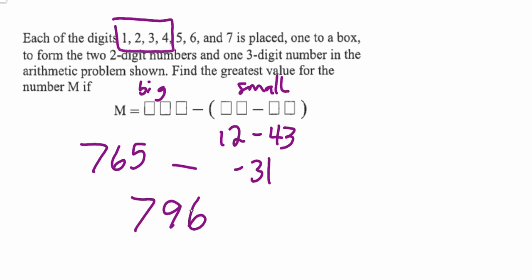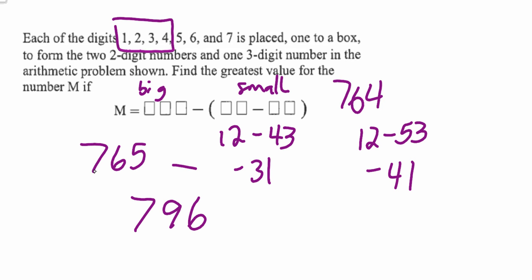Unfortunately, a couple of you were able to realize, hey, wait a minute, if I do 12 minus 53, I'm going to get negative 41. And all I really need to do here, instead of doing 765, I could just do 764, which is only one different, right? 765 versus 764. We're only off by 1, but we made 10 difference here.